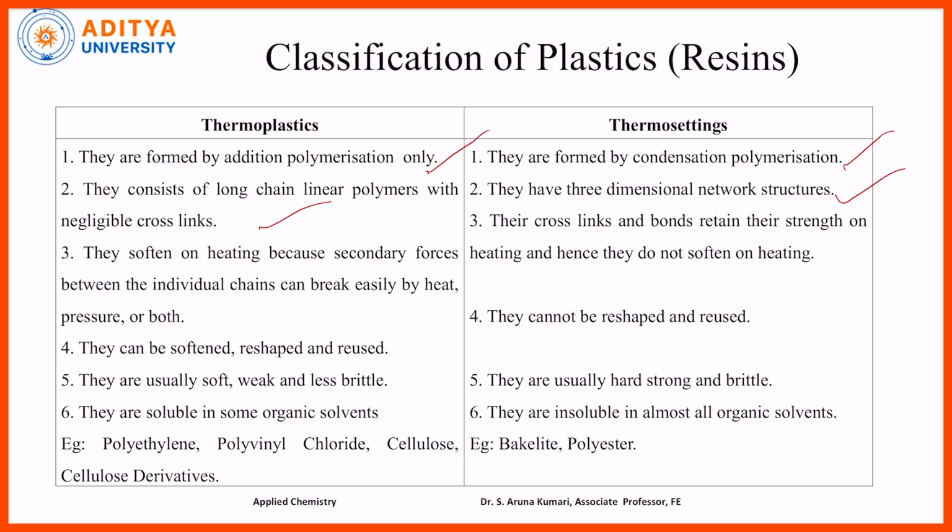And thermoplastics become soft on heating because secondary forces between the individual chains can break easily by heat, pressure or both. So, it is very easy to break the bonds in a thermoplastic, and the conditions are heat, pressure or sometimes both.